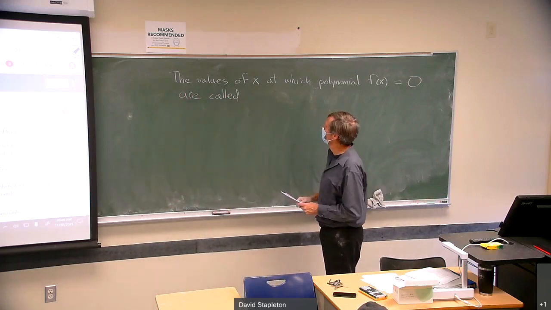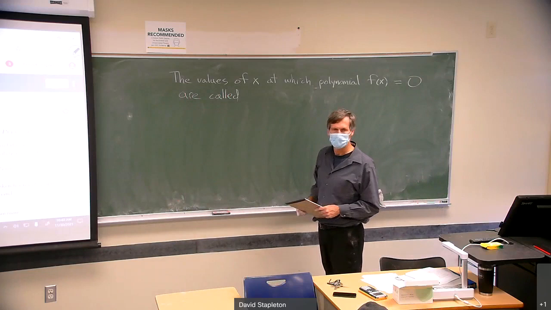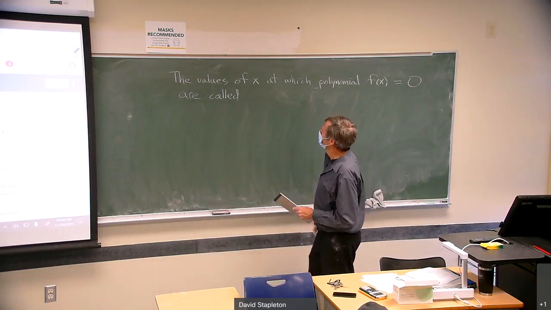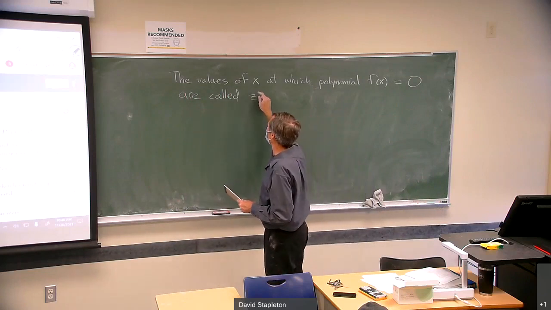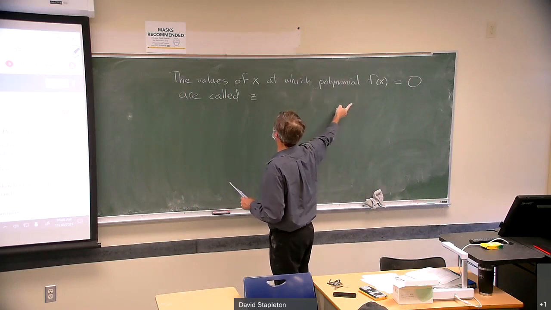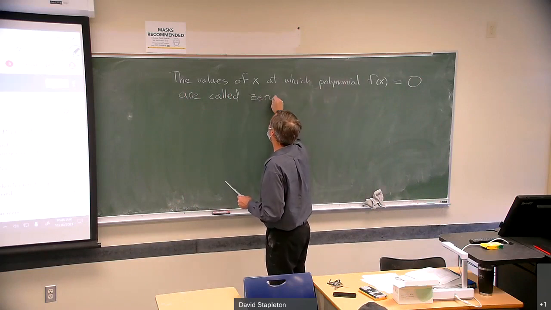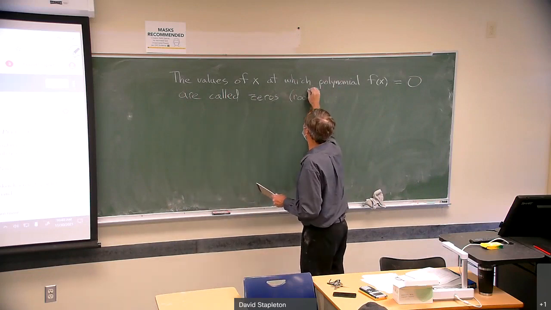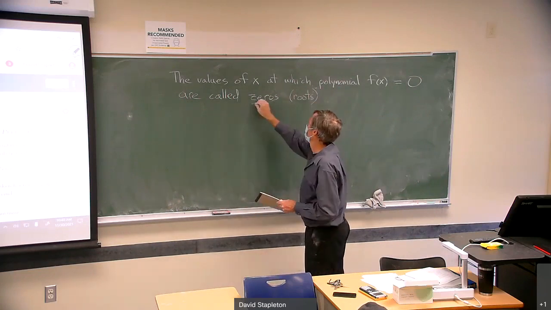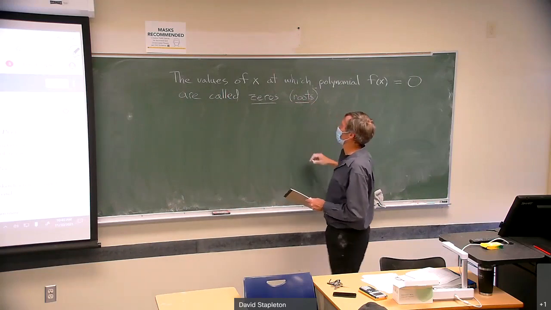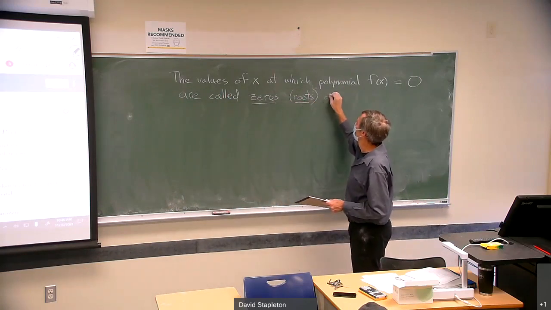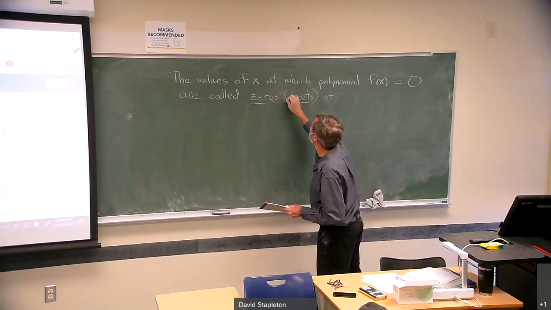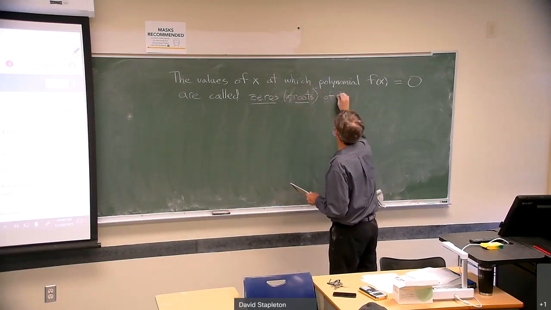They're called zeros of the polynomial. So the values of x that make the polynomial equal to 0 are called zeros of the polynomial. Another term you see in lots of books, just as common, is roots. I think they just stick to this term here, but you'll see this one. Zeros or roots of f of x.